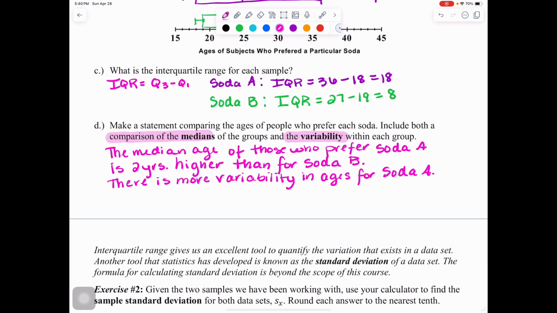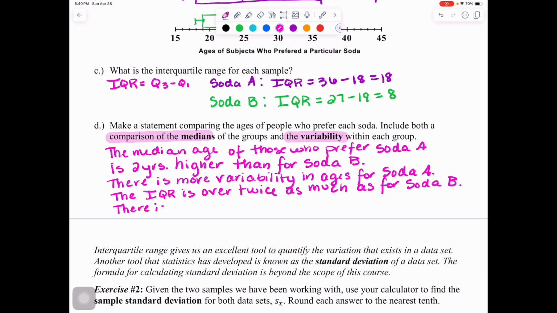I'm even going to take it a step further here, and I see that if I think about it, soda B is less, it's 8. Even if I doubled 8, I'd get 16. So soda A is more than double. So I'm going to make a statement about that. The IQR is over twice as much as for soda B. So that means there's a greater range of typical values for soda A. So we'll finalize with that.